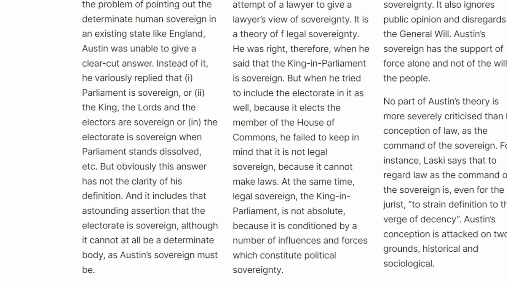You have to include popular sovereignty. For instance, Laski says that to regard law as the command of the sovereign is, even for the jurist, to strain definition to the verge of decency. And Austin's conception is attacked on two grounds, historical and sociological.